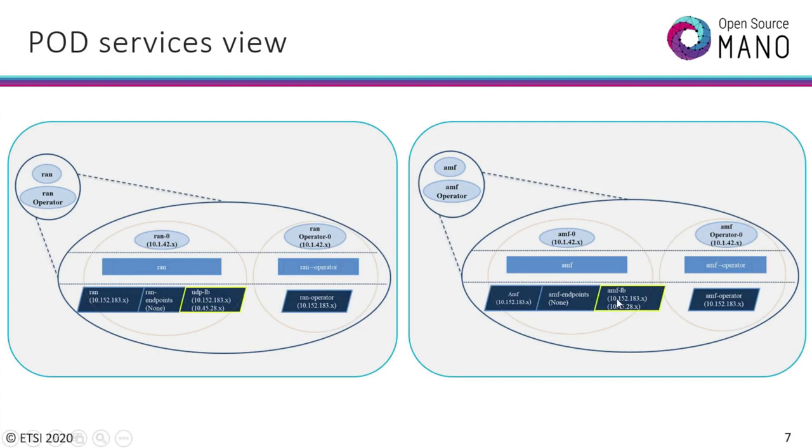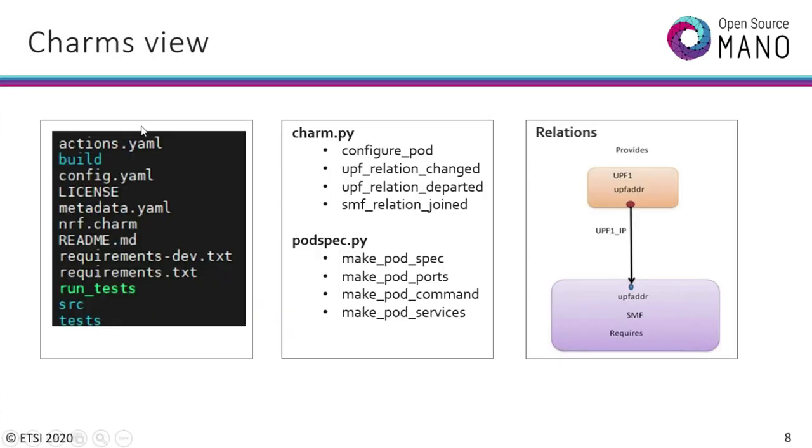Just like that, over here for the core cluster, there's an AMF pod and an AMF operator pod, and we have all the services here as well for AMF. So this is about the pod service view.